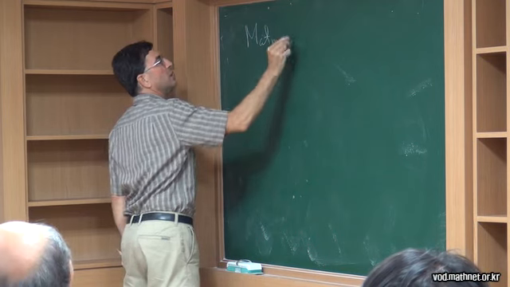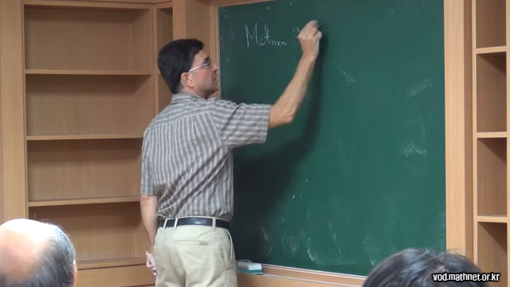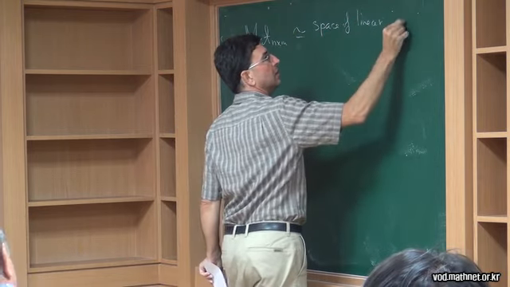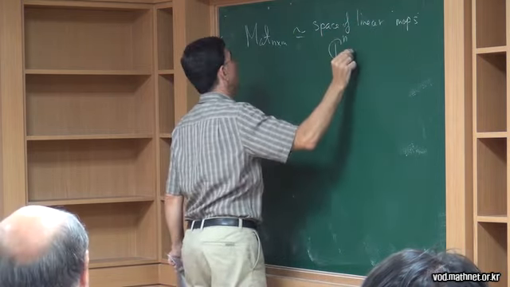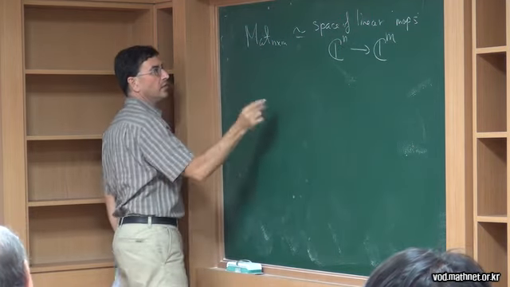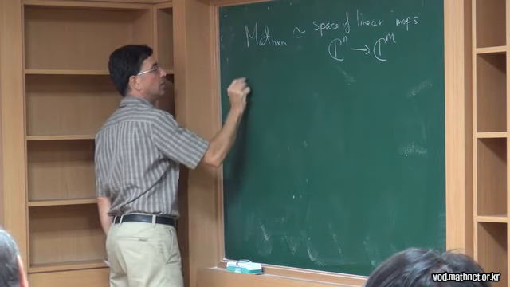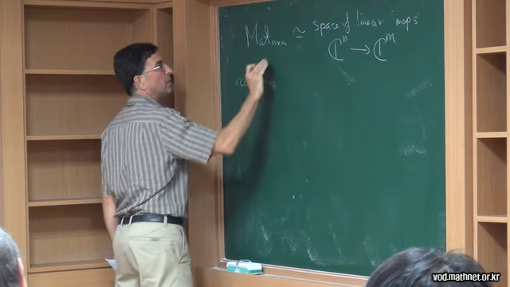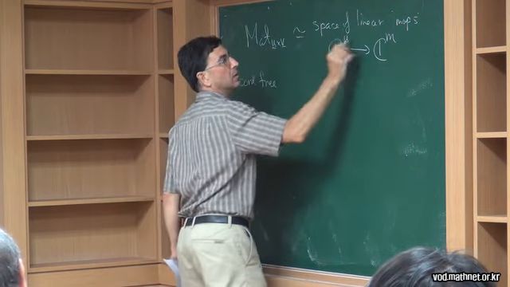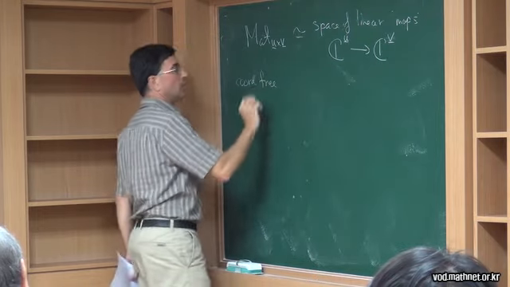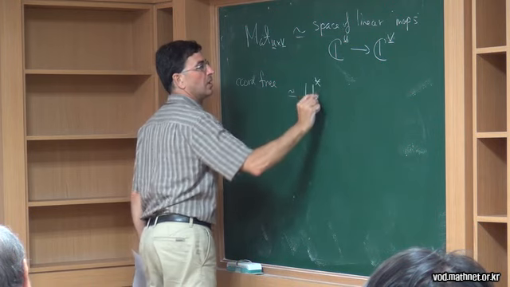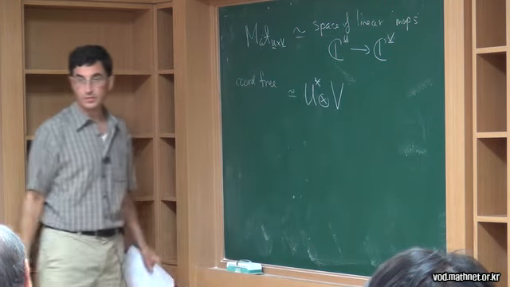Matrices n by m, this is the space of linear maps from C^n to C^m, if you will. And we saw our coordinate free. Maybe let me write this as u and v for what comes next. Coordinate free, we should think of this as u star tensor v. That's what we saw this morning.